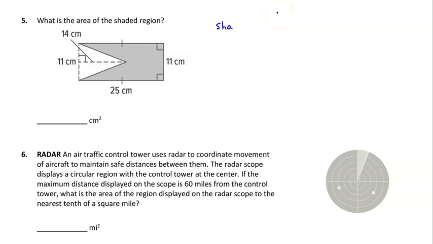For number 5, it asks us to find the area of the shaded region. That means the area of our shaded region is equal to the rectangle and then minus that triangle. So the area of our rectangle is going to be base times height of the rectangle.